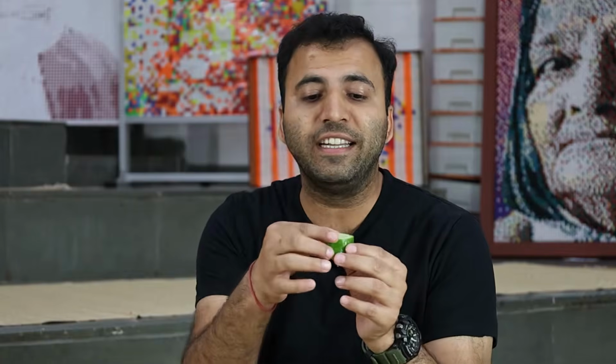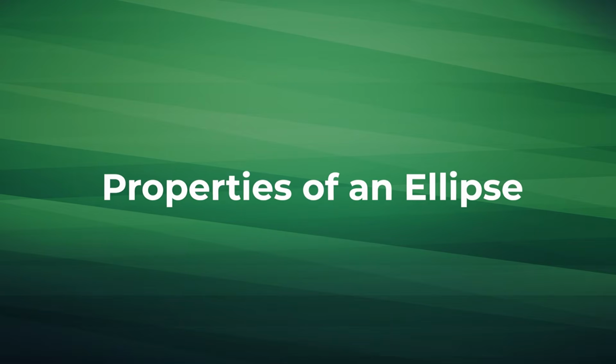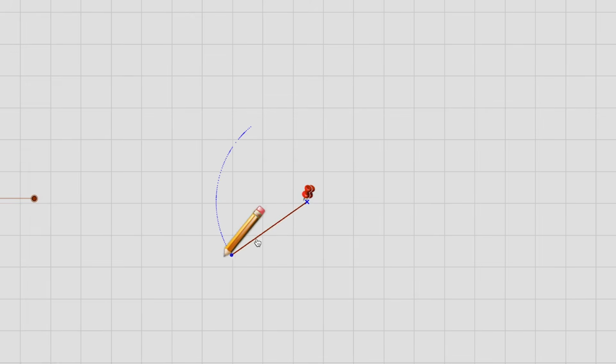Now the next question is, if I make a cross section of a cylinder, how do I believe this is an ellipse? That leads to understanding what an ellipse is. If I take a nail and tie a thread around it, the curve formed by this would be a circle.